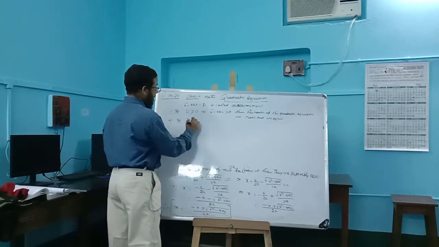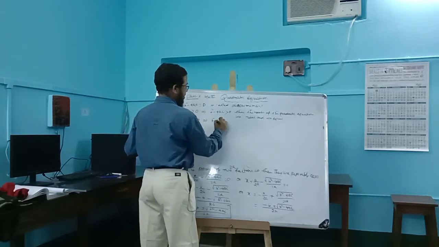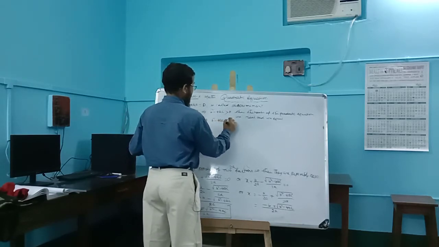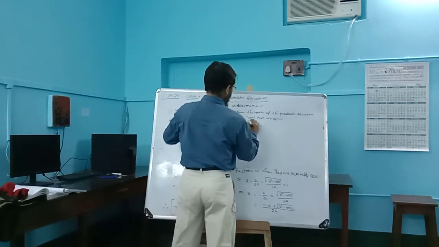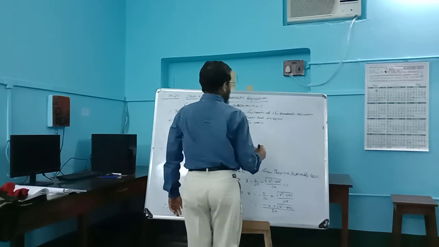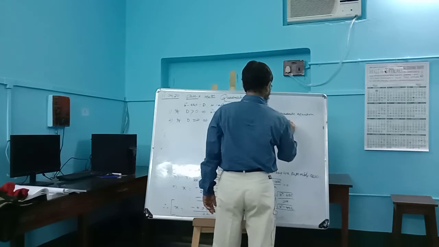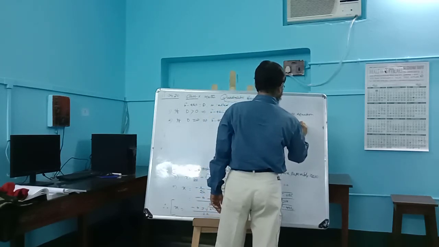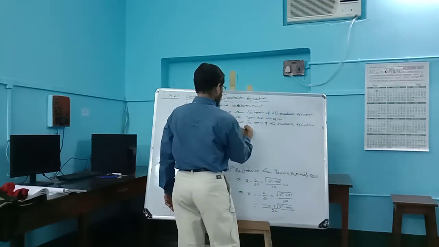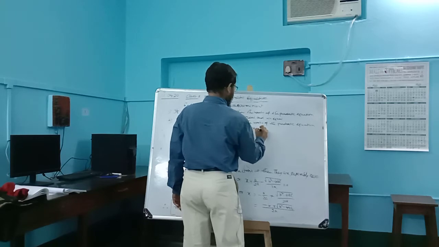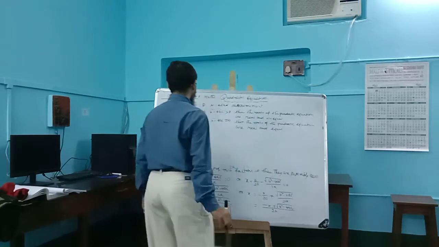If d equal to 0, implies b square minus 4ac equal to 0, then the roots of the quadratic equation are real and equal.